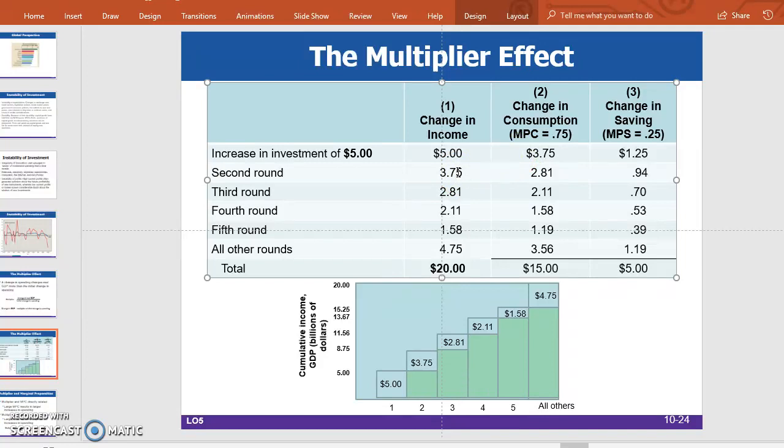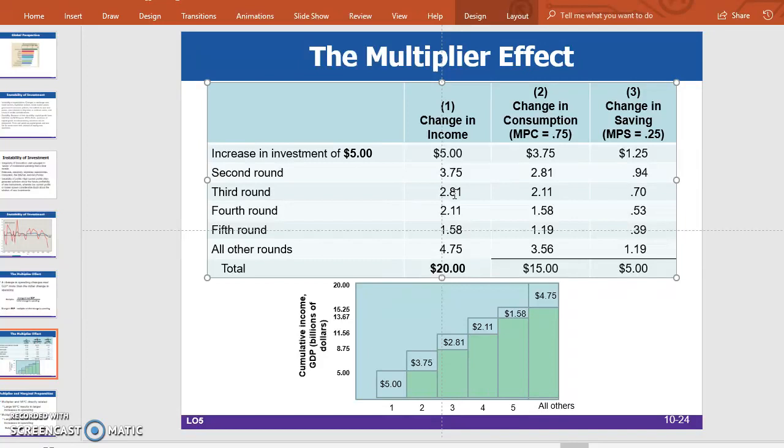In the second round, this is the change in income, and out of this increase in income, we know that MPC is 0.75, right? So 75% will be consumed, 2.81, and the remaining 0.94 will be saved, right? Then when this 2.81 is consumed, it becomes income for the producers on whose goods and services it was spent, and that is the increase in income for the third round.